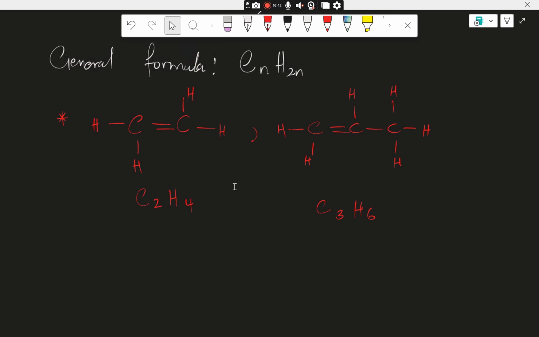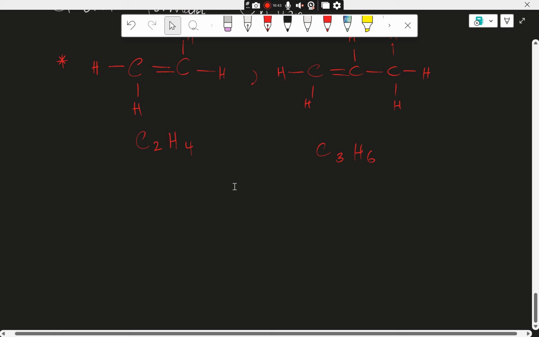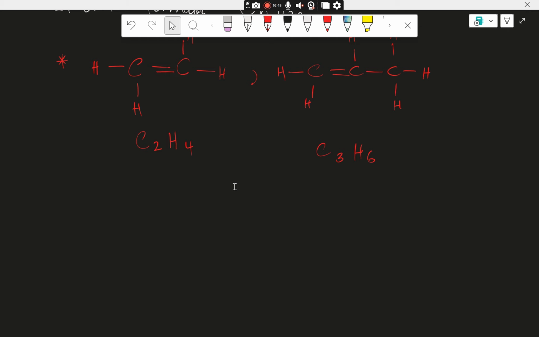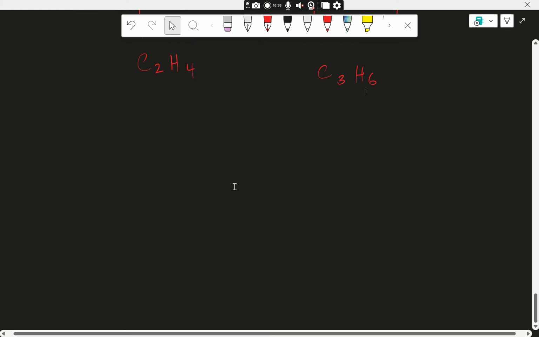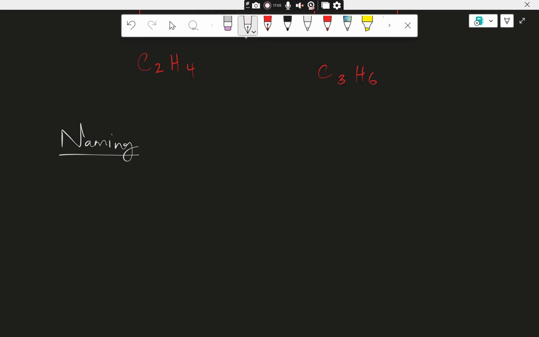So, okay. How do we name these ones, right? Because we know that if you have 2 carbons, the prefix should be eth. If you have 3, the prefix will be prop. Okay, what is the suffix? Is it still propane? No, it's not. So naming for alkenes, we already know what the prefix is. So the suffix, it's an ene.